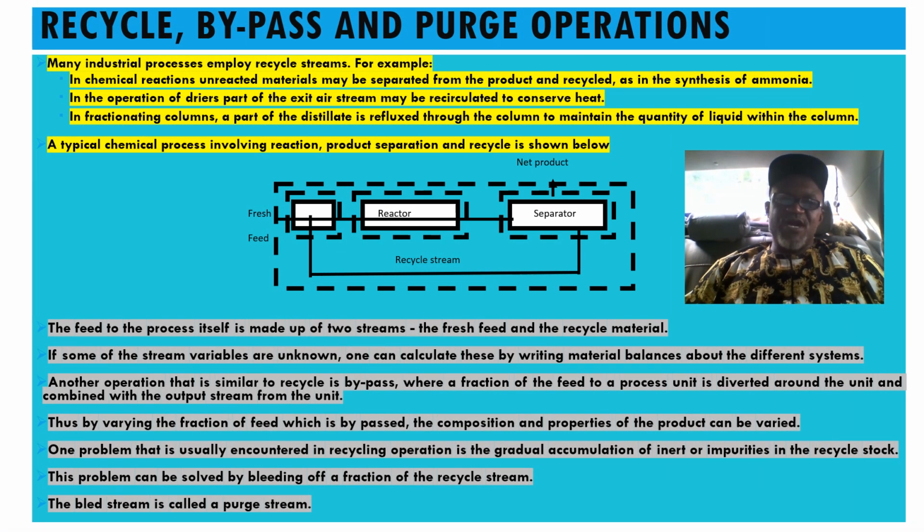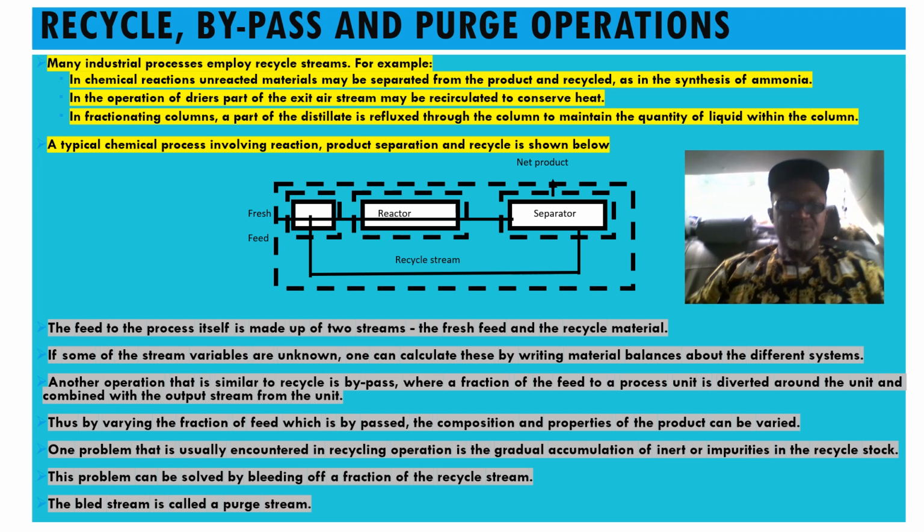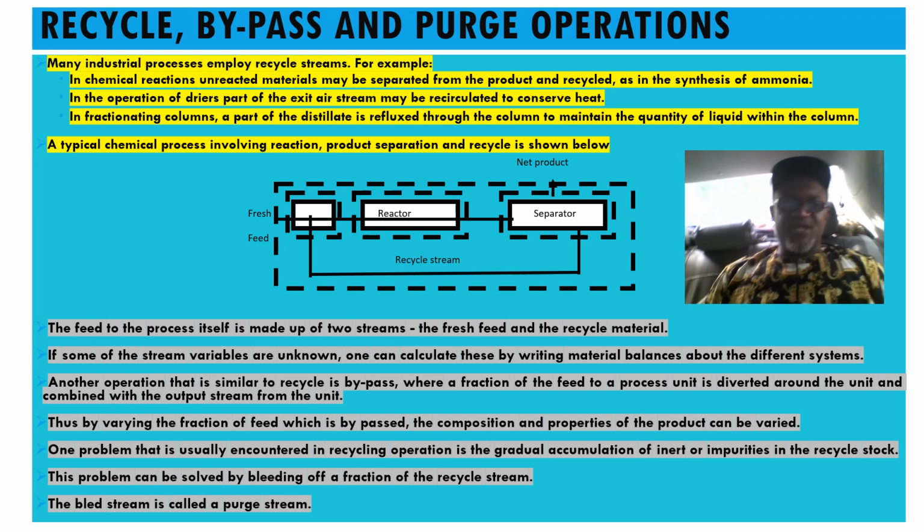Now, when we have recycle, bypass, or purge, if you see the diagram there, many industrial processes operate recycle streams. So look at the diagram there, you see recycle. It's coming from the separator. It has been recycled back to where the fresh feed is coming.